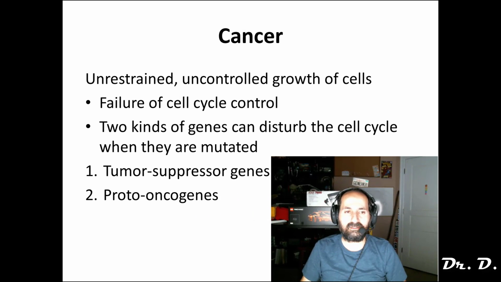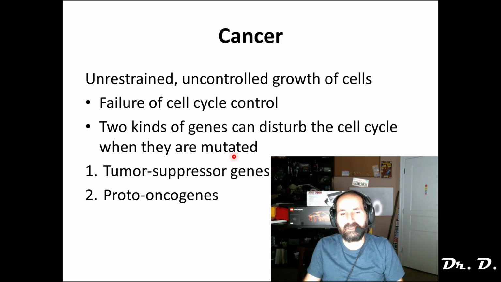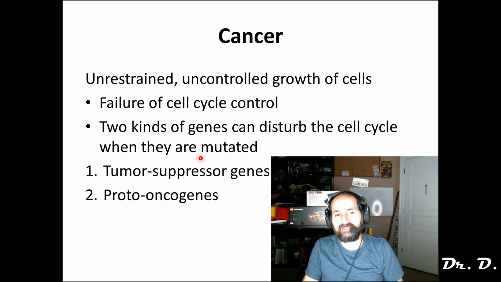You can see here on this slide, it tells you it's due to mutations. You know what mutation means? Mutation means taking your DNA and changing its sequence in some way. Changing your DNA sequence. That's what a mutation is, your DNA. And there's 2 types of genes.